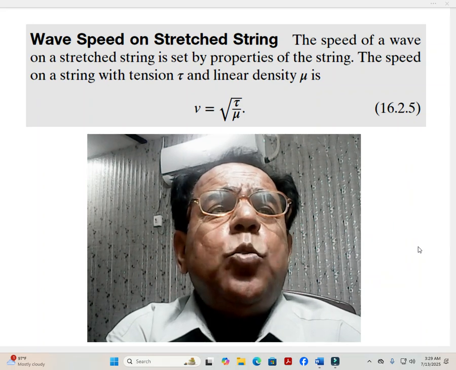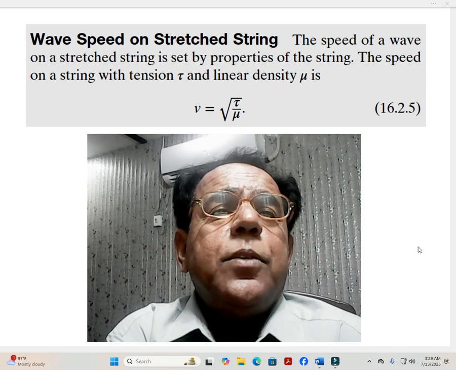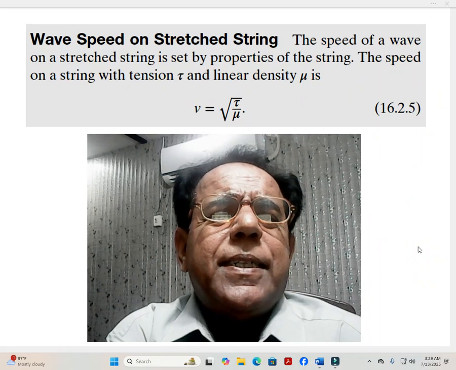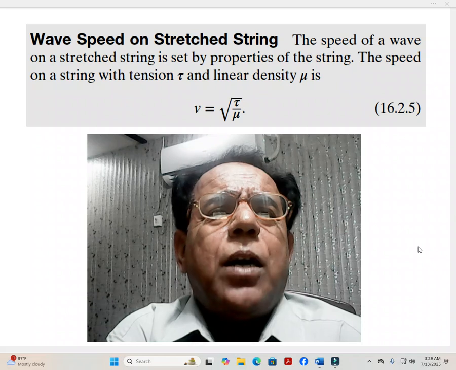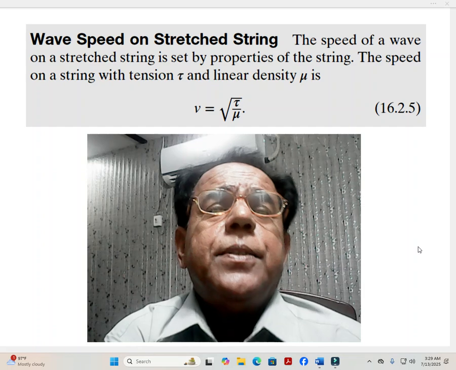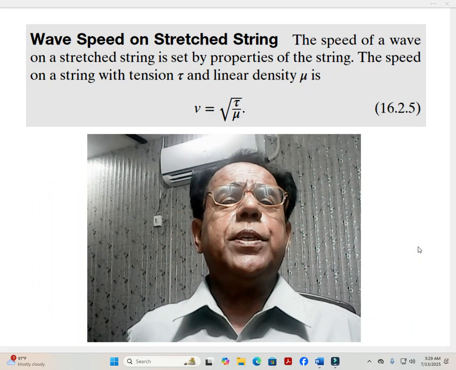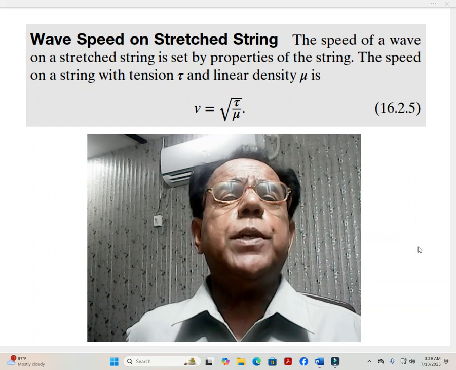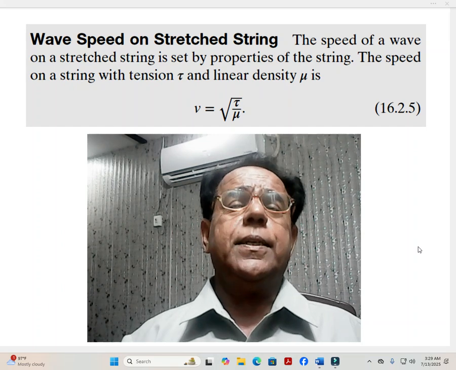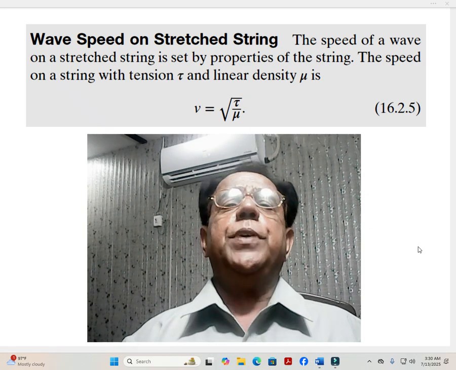The speed on a string with tension tau, this is the Greek letter tau, and linear density mu, is speed v equal to square root of tau over mu. So this formula will be used in our problem to find the speed of the wave.